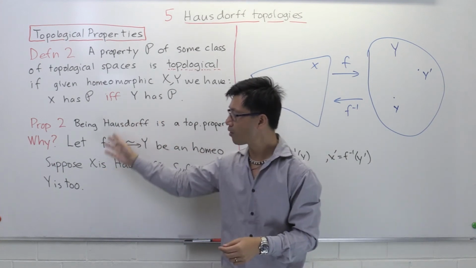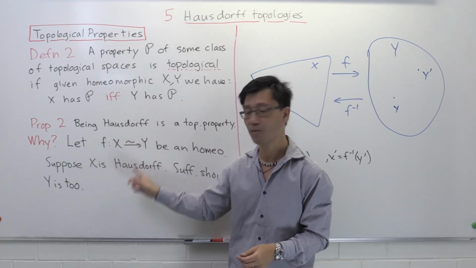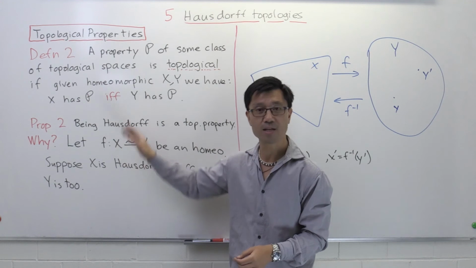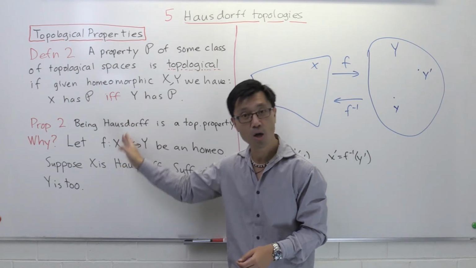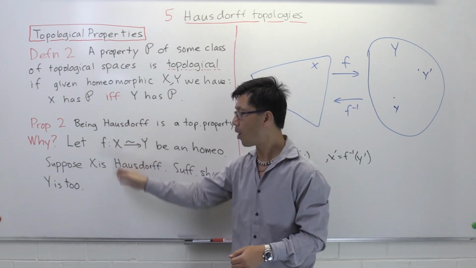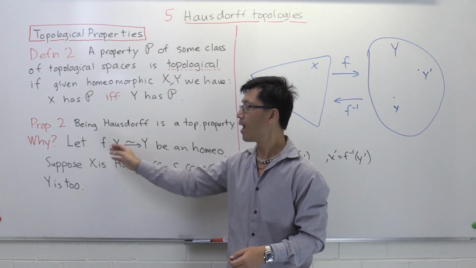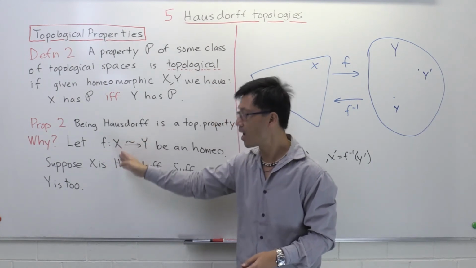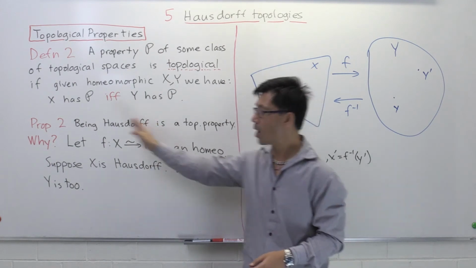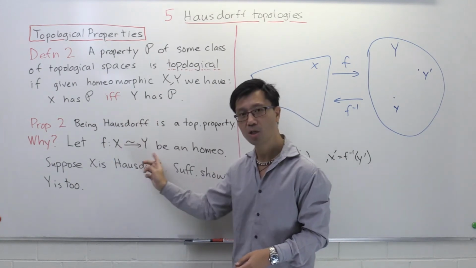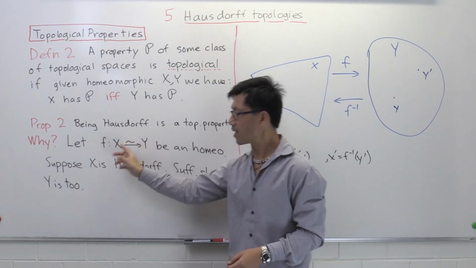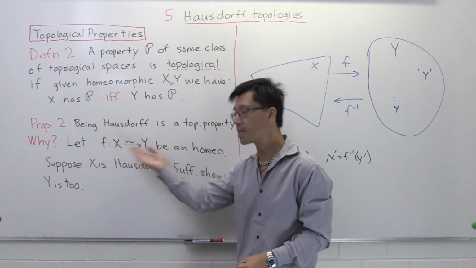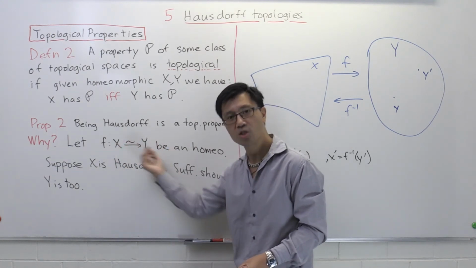The way to think of this is that you know this one is Hausdorff, so it satisfies some axioms which are defined purely in terms of the topology. And you can transfer the fact that it satisfies them here to the fact that it satisfies them there. Why is that? Because this is a bijection, which is not only an isomorphism of the sets, it's an isomorphism of the topologies as well.